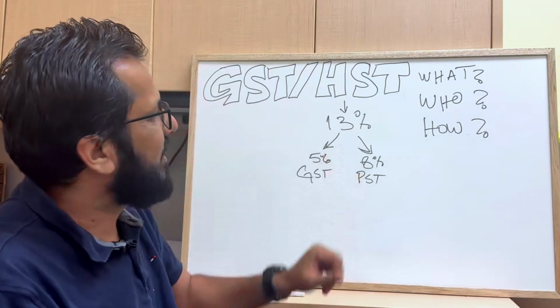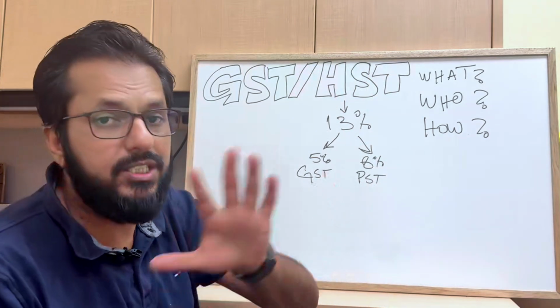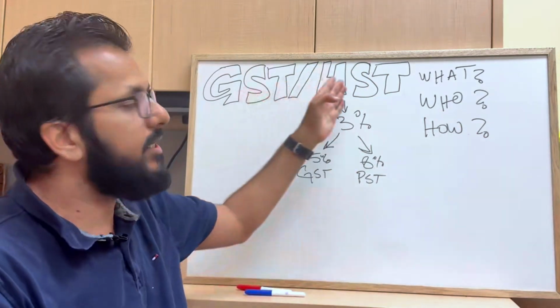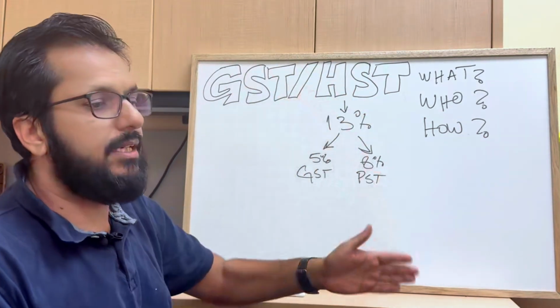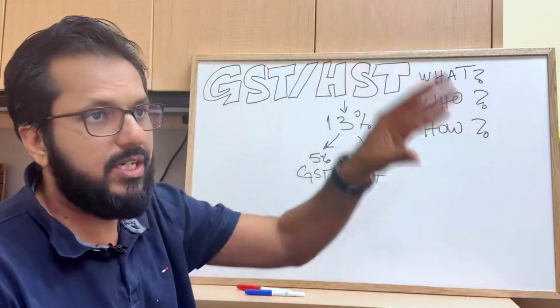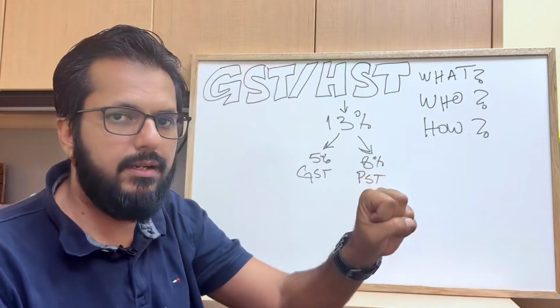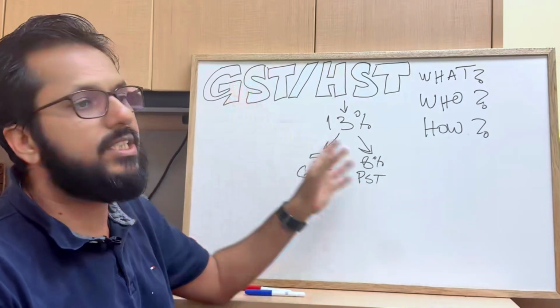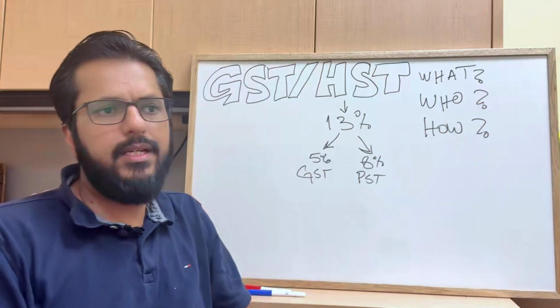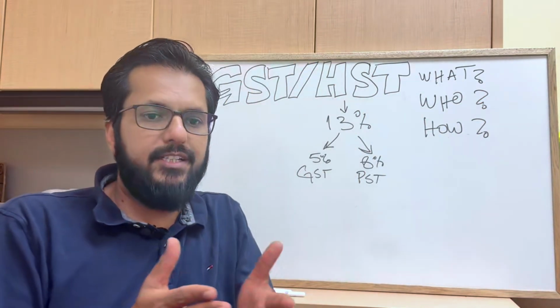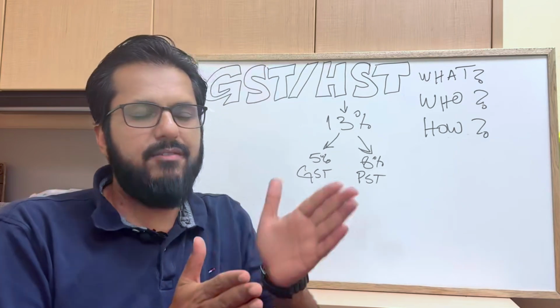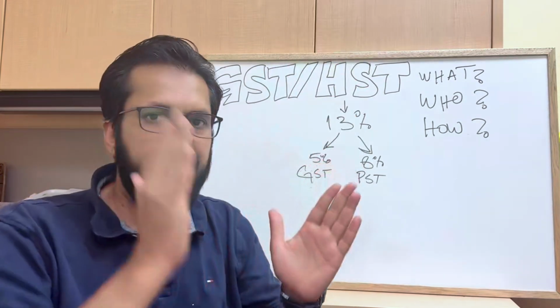So that's what it is, right? Now you know what GST and HST is. Essentially the same thing. HST basically takes care of the provincial and the federal sales tax in one return, whereas GST is only the federal government, right? So for example, in Quebec, there's no HST, so over there you have to take care of the GST, also the PST, all right?